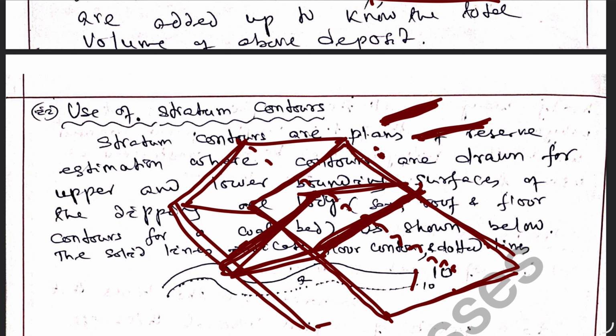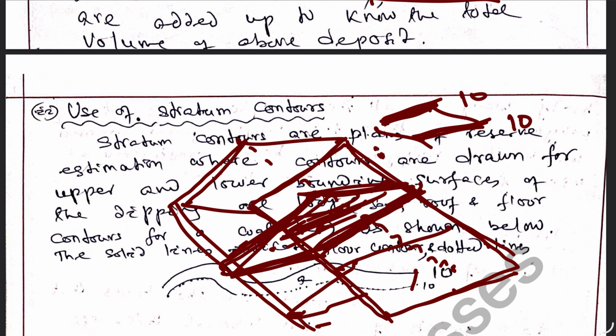Let us say it is the area at a depth of 10 meters. So this area we found out, this horizontal area within the whole body. Let us say at 10 meter the area is like this. At another 10 meter depth, at 20 meter, the area is like this.